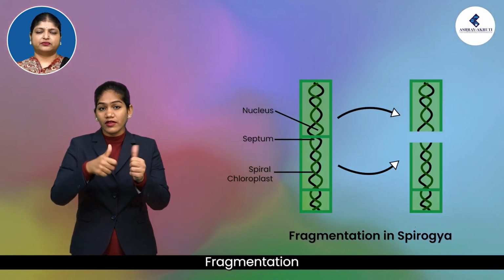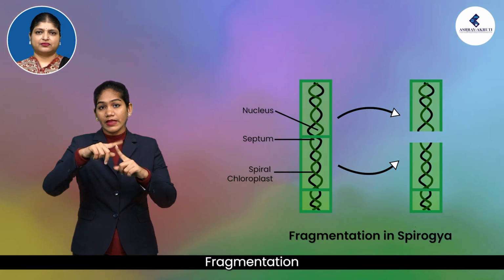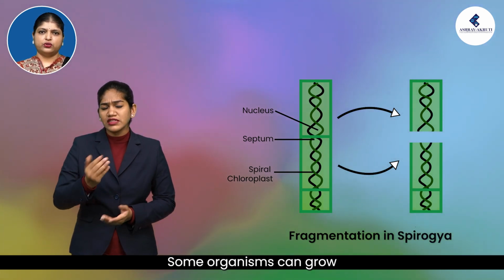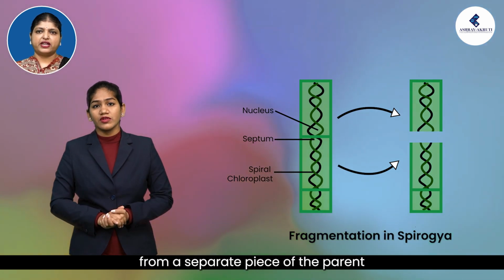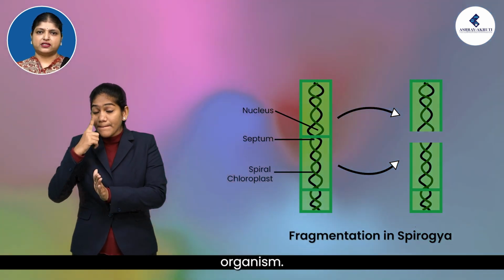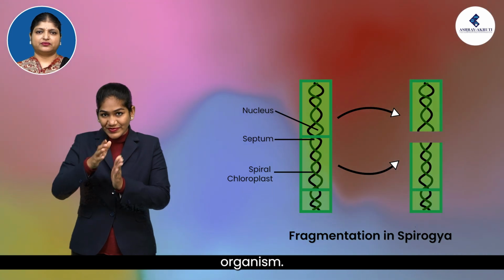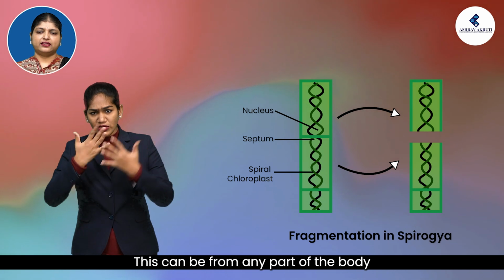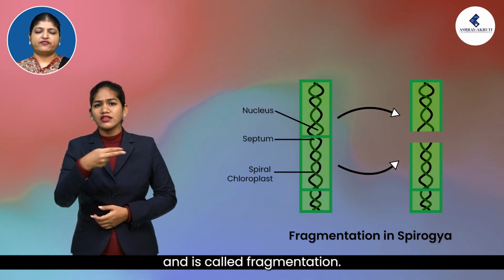Fragmentation. Some organisms can grow from a separate piece of the parent organism. This can be from any part of the body and is called fragmentation.